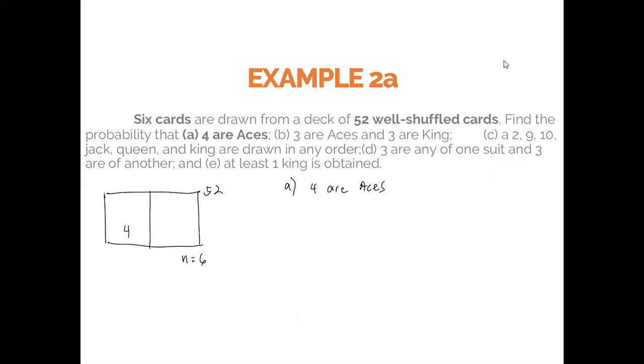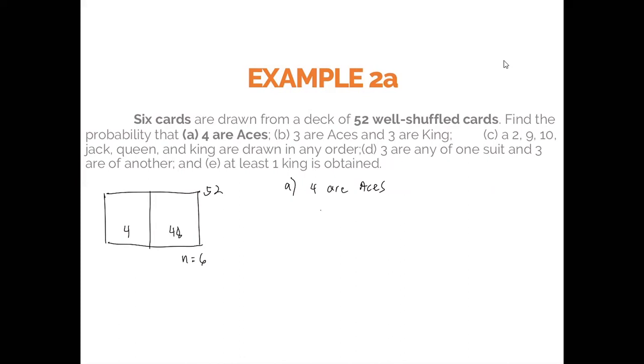So, kung kinuha natin yung 4, mula dun sa total na 52, ilan yung matitira sa kanan? Meron tayong 48 na matitira dito. Okay? So, kung ang pinapahanap sa atin ay 6 cards, pero 4 doon ay ace, ibig sabihin may 2 na kukunin dun sa 48 pieces natin.